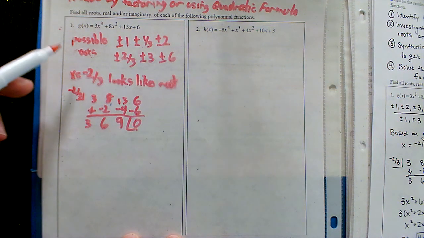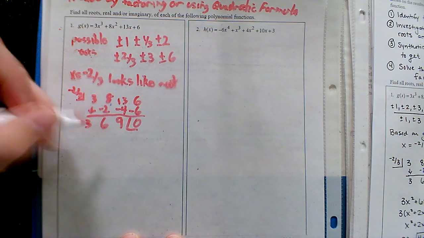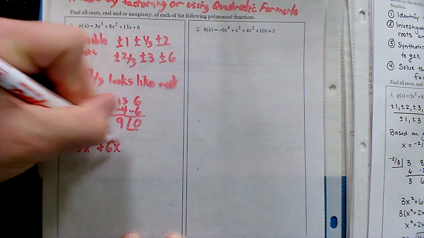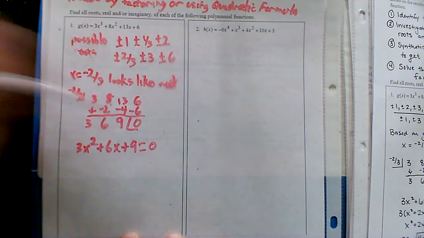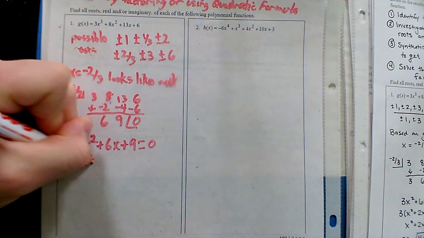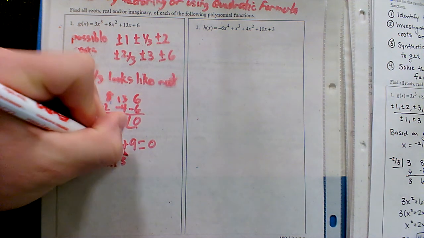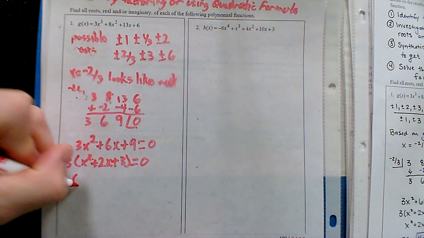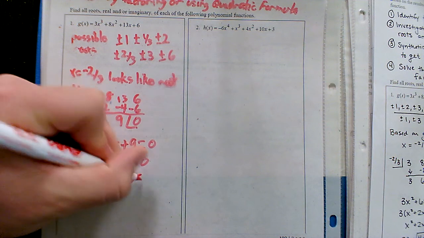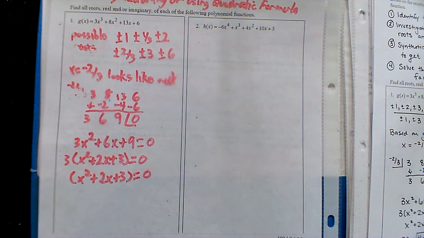Because realize this is only to a power of 3, so after you do synthetic division once, you're left with the quadratic. Remember, if you can't factor, you have to use the quadratic formula.